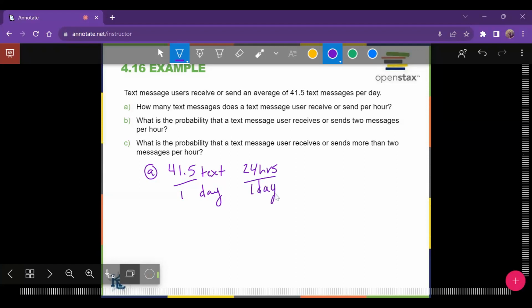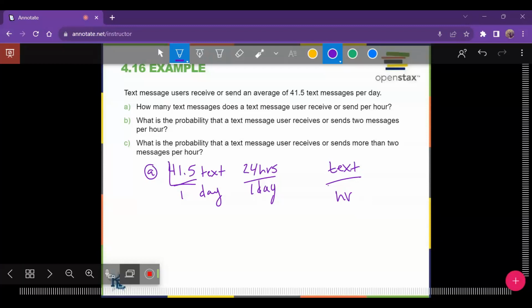And what we're trying to figure out here is how many texts there are per hour.